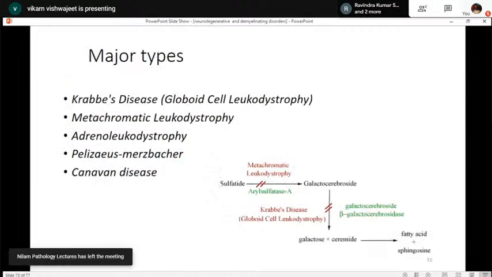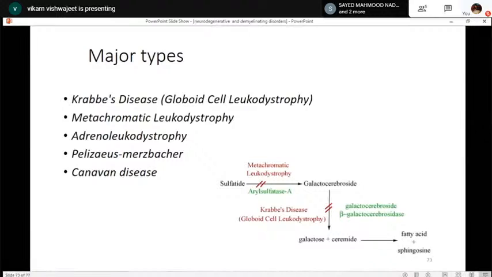So the main types of leukodystrophy are Krabbe disease, which is due to deficiency of galactocerebrosidase. Another is metachromatic leukodystrophy, which is due to deficiency of arylsulfatase A. Other types include adrenoleukodystrophy, Canavan disease, and Pelizaeus-Merzbacher disease.